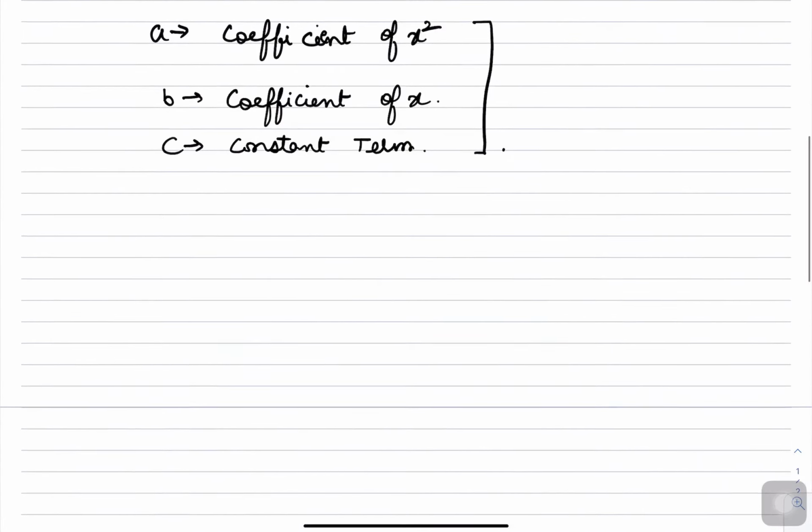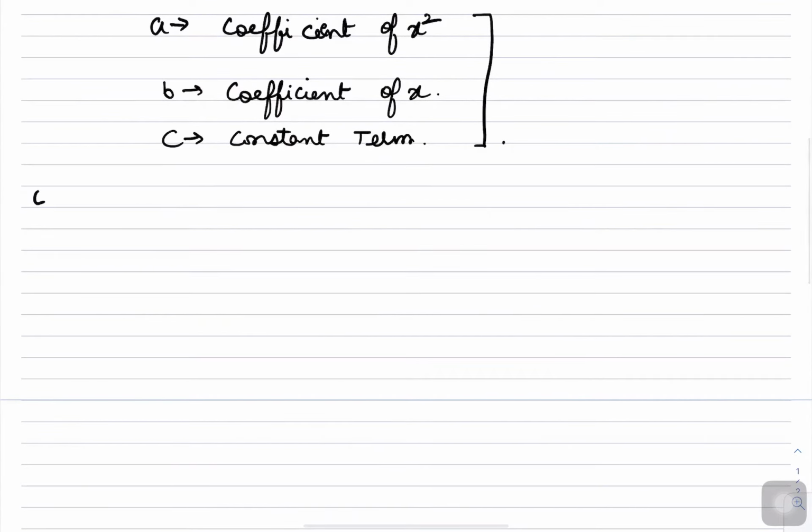Suppose I take this example of NCERT, page number, just check it, there is example 2. Now, the first example 2, first part says x minus 2 raised to the power 2 plus 1 is equal to 2x minus 3.